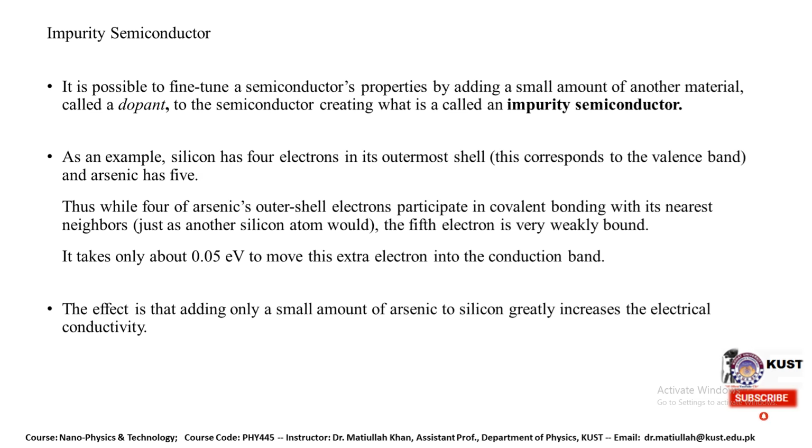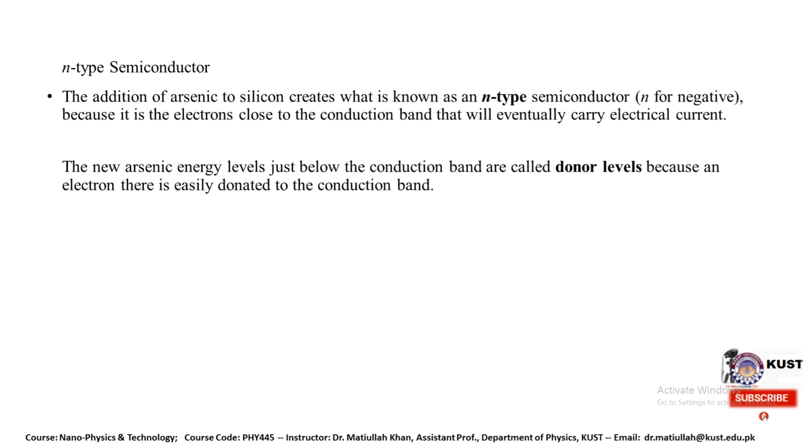Based on the nature of the impurity, it might be p-type or n-type material, with a positive or negative excess charge, an electron or a hole, creating an energy state within the band gap that reduces the resistivity of the material. In n-type materials, the semiconductor is doped with an element such as arsenic. The electrons are close to the conduction band and will eventually carry the electrical current.